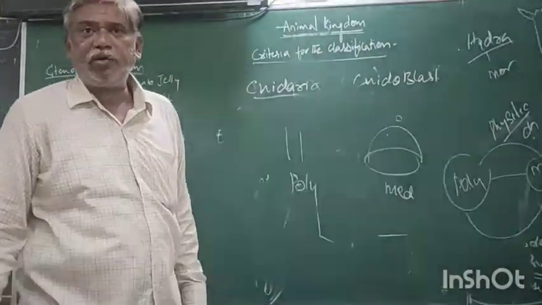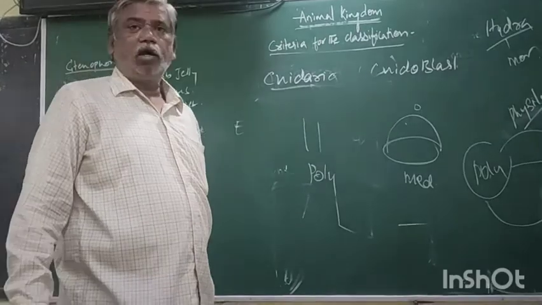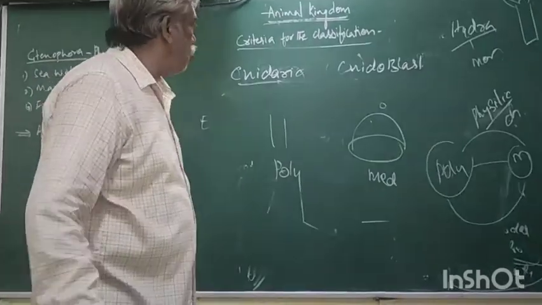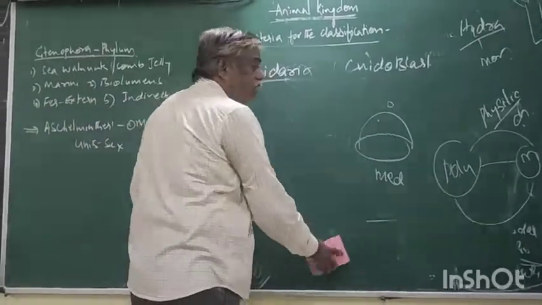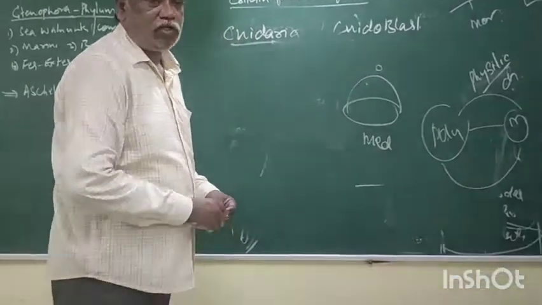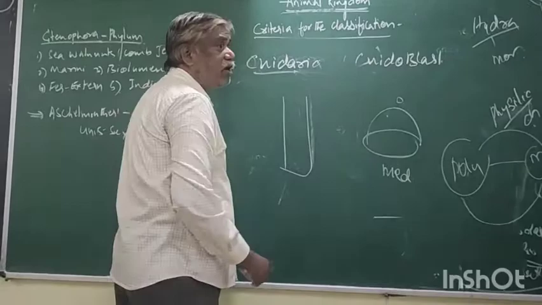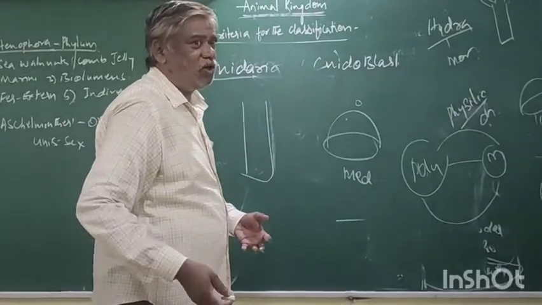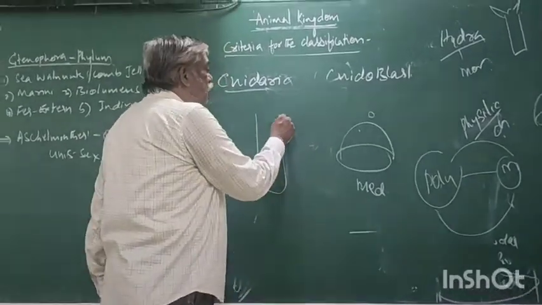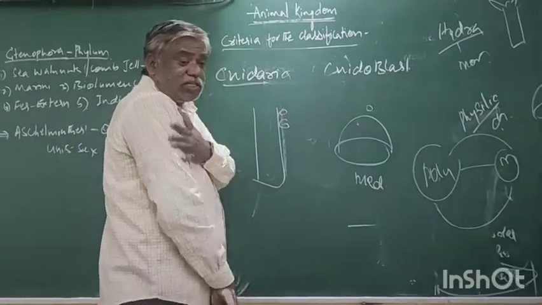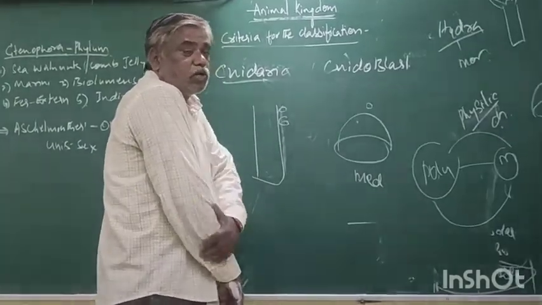Two types are there. Some cnidarians which live in marine water: the marine water is rich in calcium carbonate. Due to this, calcium carbonate is deposited on the surface and forms a protective layer.